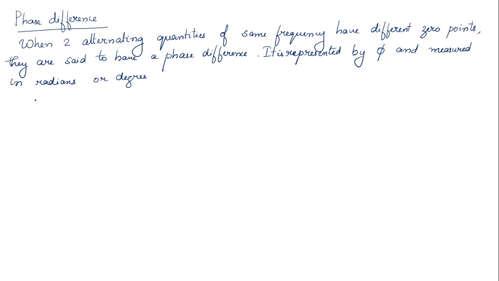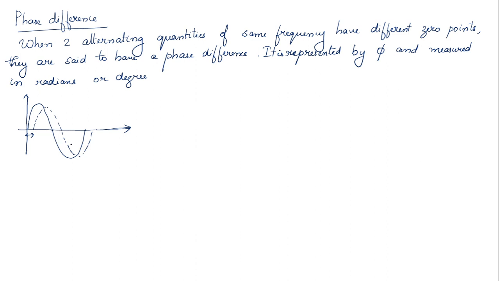Here you can see I am going to draw waveform of two different alternating quantities, and I will show you how we can find the phase difference between them. Okay, so for example, if I am having a waveform like this and another waveform I have like this, then surely you can see that their 0 points are different, even though their frequency is same.